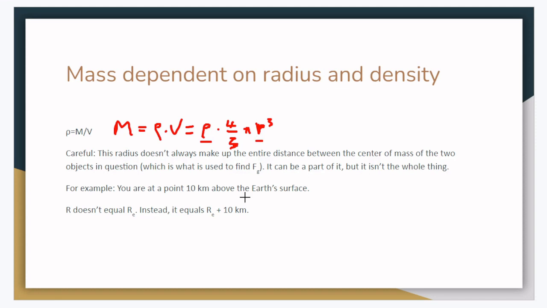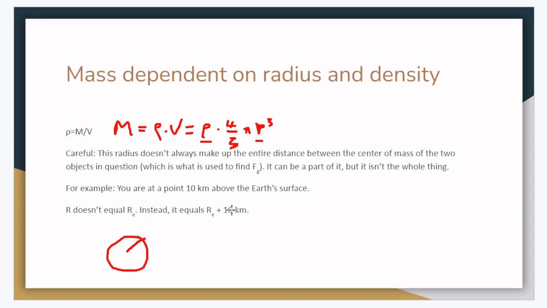We have to be careful here because this radius doesn't always make up the entire distance between the centers of mass of the two objects, which is used to find the force of gravity. It can be part of it, but it isn't the whole thing. So, for example, you're at a point 10 kilometers above the Earth's surface. If this is the Earth, and you're right here on the surface of the Earth, then you will use the radius of the Earth as the r in FG.